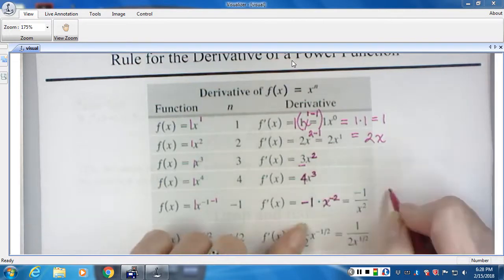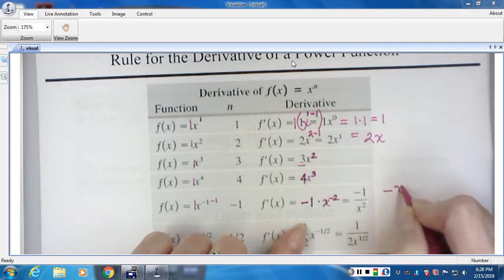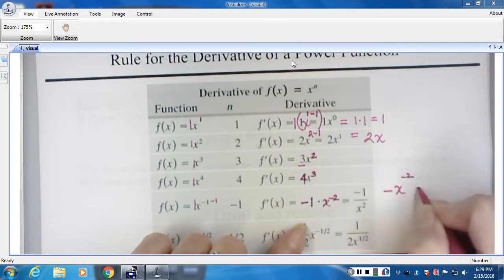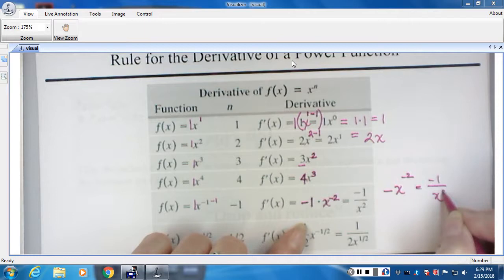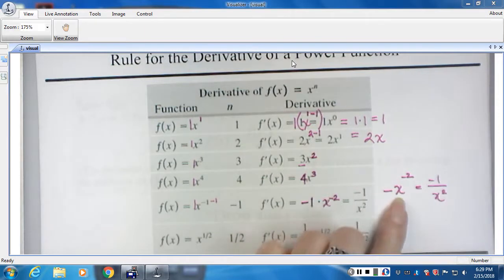And negative x to the negative 2 is the same thing as negative 1 over x squared, but a lot of times we'll just leave it this way. You never thought you'd hear an algebra teacher say that. They always said, oh, you can't have negative powers. Yes, you can. We need negative powers in calculus. They're very useful. They make things easier to work with.